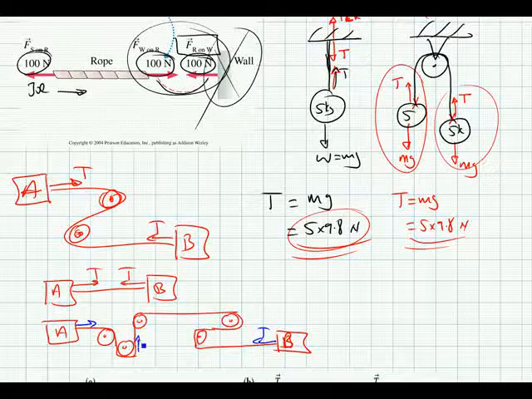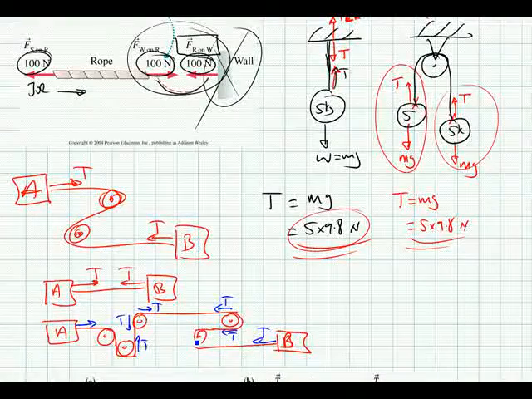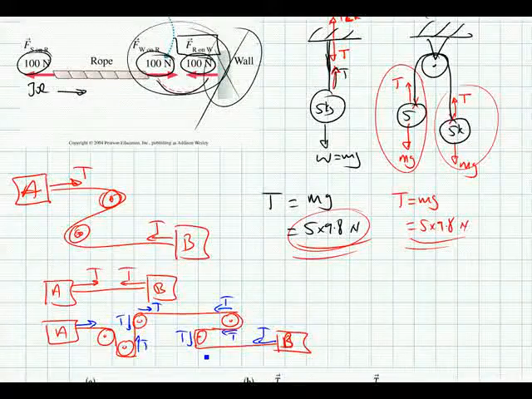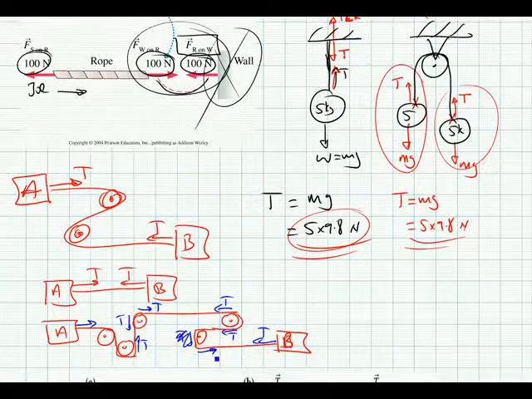So there's also a tension up this way, tension down this way, tension down that way, tension this way, etc. Okay, so the tension, actually this is wrong, it should be this way.